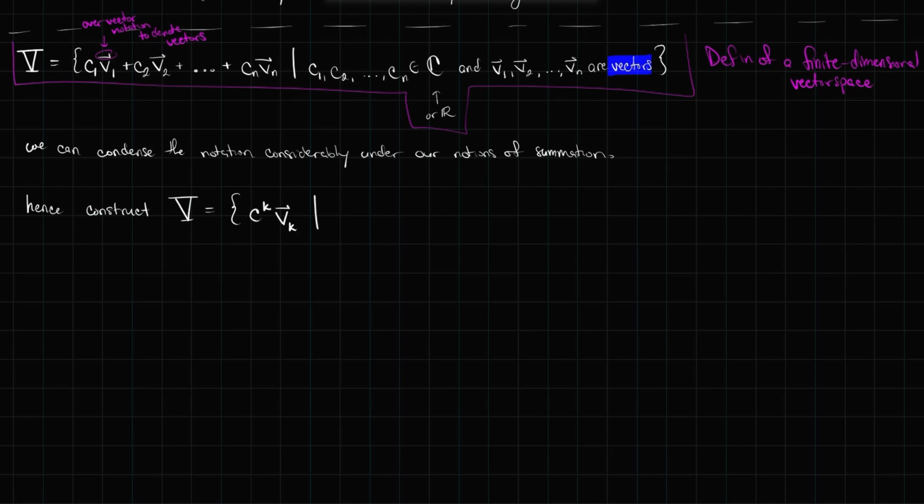And now we can just say that Ck for k equals 1 to n is a sequence in C, and V sub k, k equals 1 to n, is a sequence of vectors.